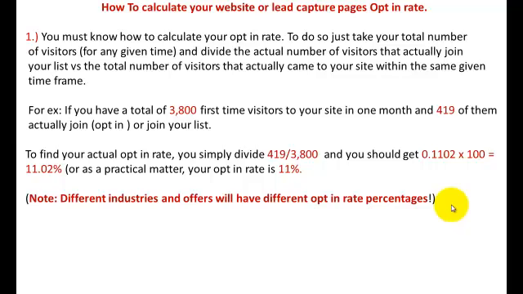So don't get it in your mind when you hear some figure thrown out like that, that you automatically A, should be able to do the same thing, or B, should be realistically expecting the same results, because that's not the case at all.